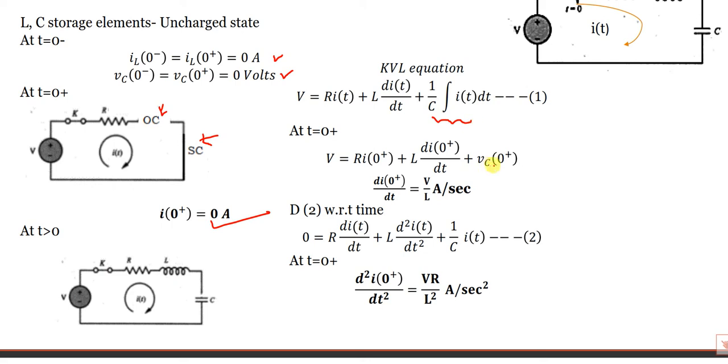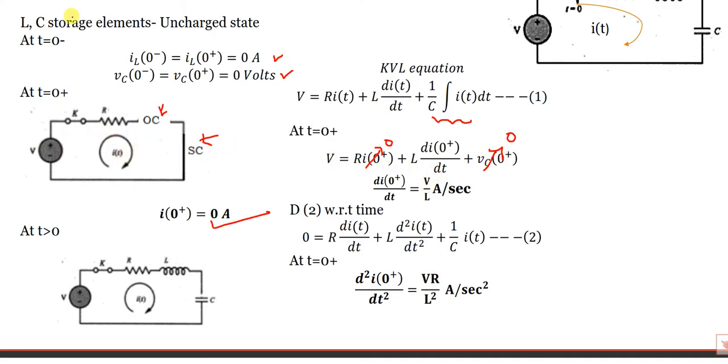Delta t is 0, just after switching, so the initial voltage of the capacitor is 0. I of 0 plus is also 0. So di by dt is equal to V by L.